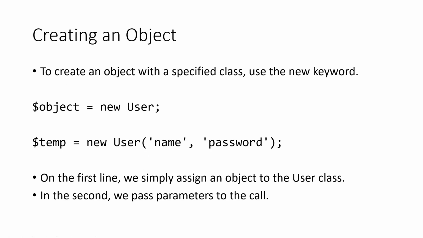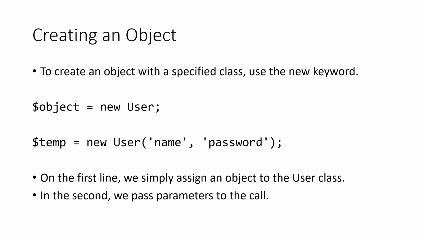As you can see earlier, if you want to refer, you can use the new keyword. The first one is a use of the user class. We create a variable object and we say it's a new user.